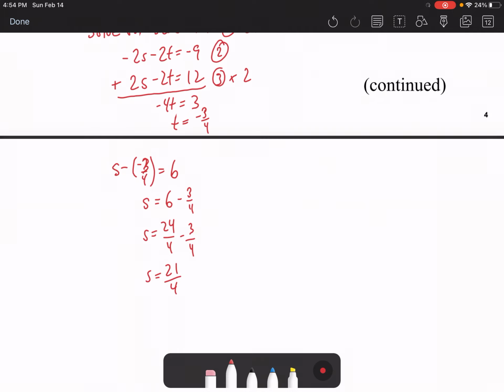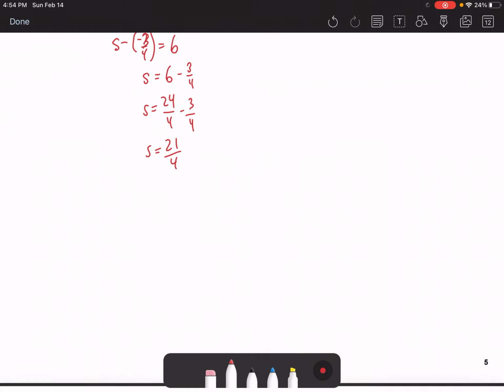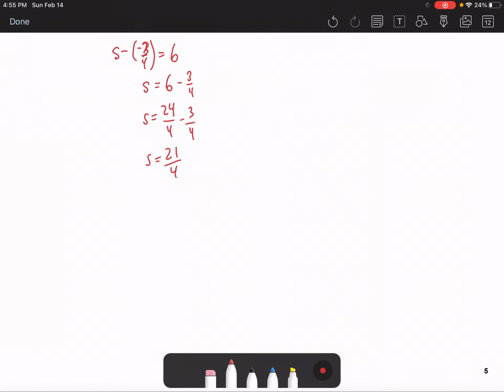So now we need to verify if that value of s and t actually work. If the values of s and t actually work, then we have a point of intersection. And you can then substitute s or t into your original equations and solve. So we're going to check s equals 21 over 4 and t equals negative 3/4 in equation 1.